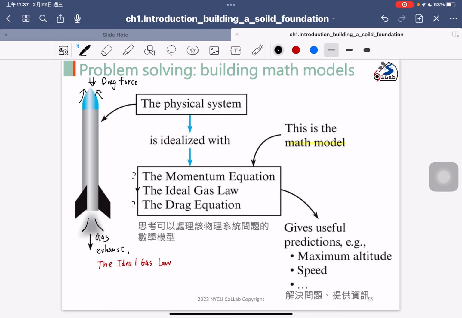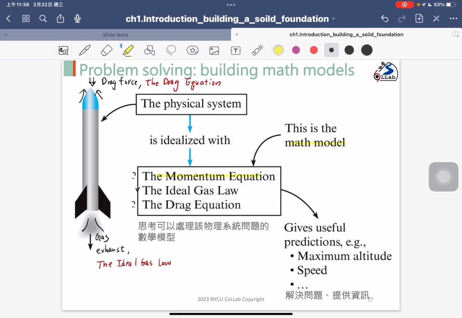So what equation do we need? We need the drag equation to compute how large the drag force is, right? So when we consider the system, we need some mass models to support our ideas. Right now we don't know what the momentum equation is.